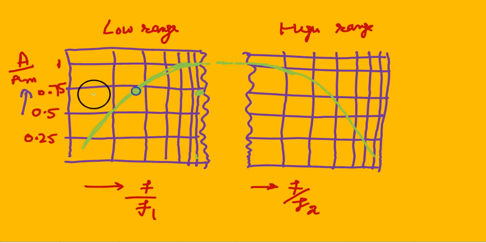So we are interested here at F upon F1 equals 1 and F upon F2 equals 1. That means the frequency F1 and F2. So at F1 and F2, the A upon AM is 0.707.